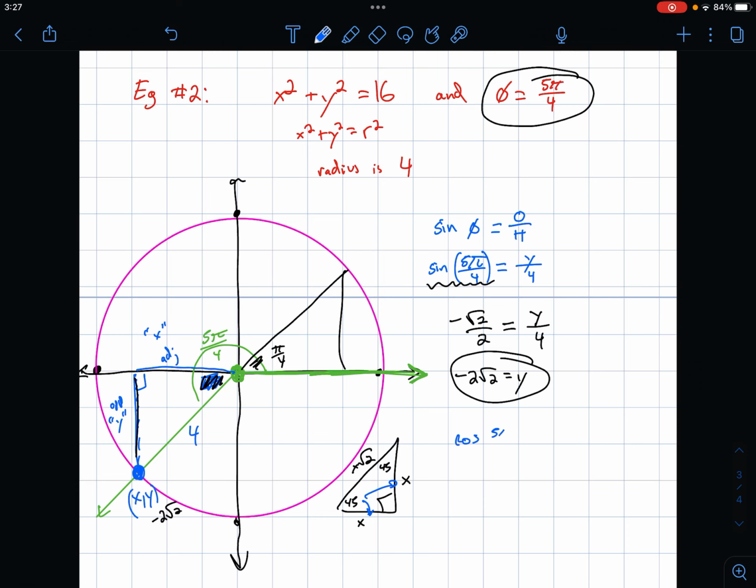So cosine of 5 pi over 4, well, in this case, that's going to be x over 4, because the hypotenuse is still 4. The x is my adjacent. Cosine of 5 pi over 4 is the exact same thing, because we're in this negative, negative quadrant. So it's going to be negative root 2 over 2 equals x over 4, giving me negative 2 root 2 is equal to x again. So I get the coordinates negative 2 root 2, comma negative 2 root 2 is the place where I intersect this circle.